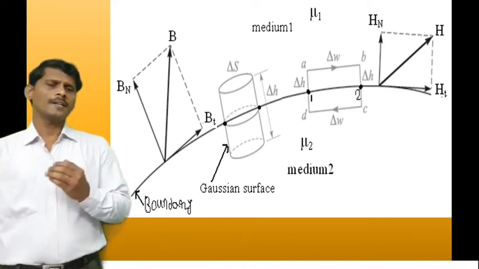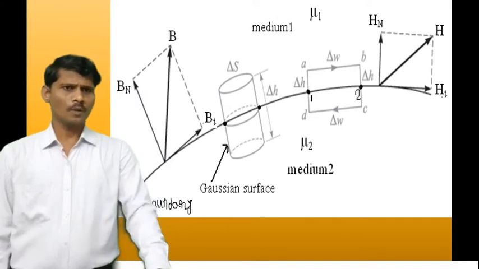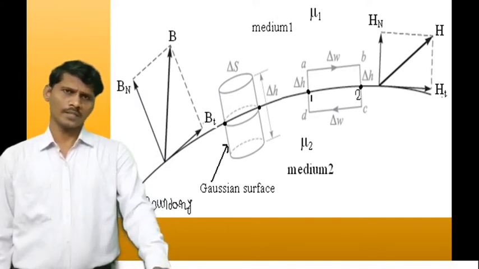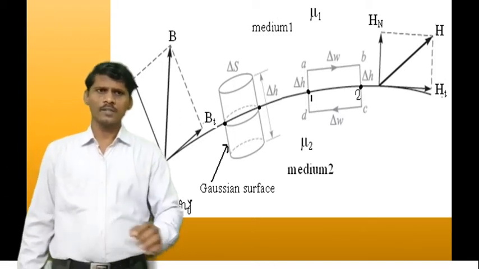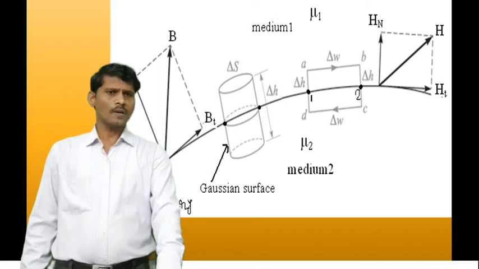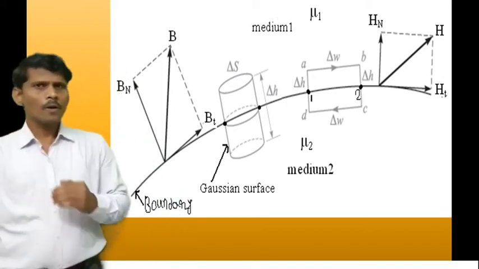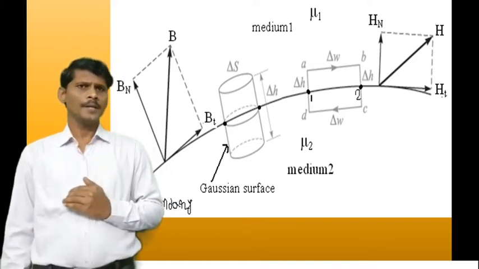To determine the magnetic boundary conditions, let us use a closed path and a Gaussian surface. This is the closed path and this is the Gaussian surface. In this closed path, half of the rectangular path is in medium 1 and the remaining half in medium 2.